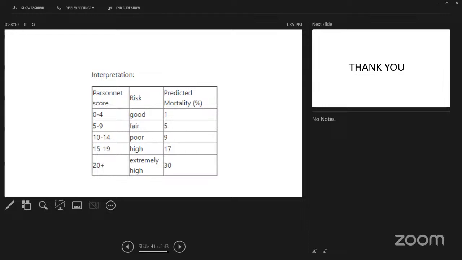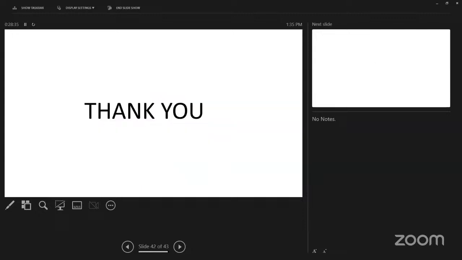If it's 5 to 9, that carries a mortality of 5%. If it's 10 to 14, the predicted mortality is 9%. If it's 15 to 19, the mortality risk is 17%. If it's 20 or more, that's considered extremely high, with 30% and above mortality rates.